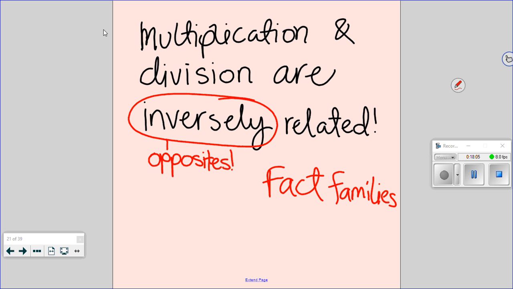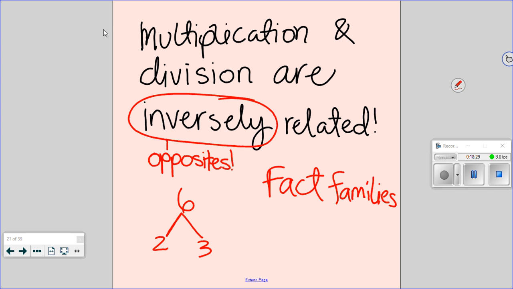It is part whole. So let's pretend my fact family whole is 6, and I have a 2 and a 3.